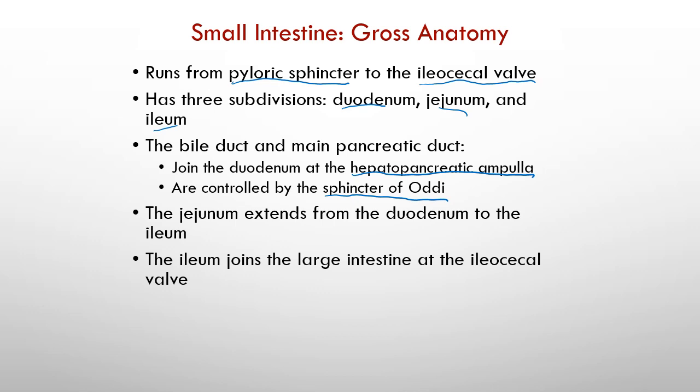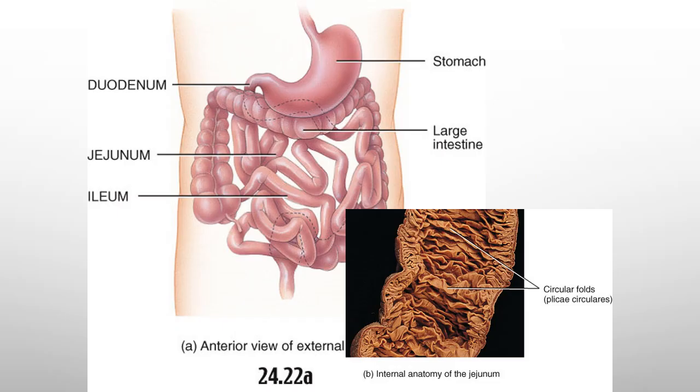So we start with the duodenum. The duodenum is the shortest portion, and then we have the jejunum. The jejunum, for all intents and purposes, is in the upper left quadrant of the abdomen. And then we have the ileum, which is basically down in the lower right quadrant, making its way towards the colon. So here we have the continuation of the small intestines.